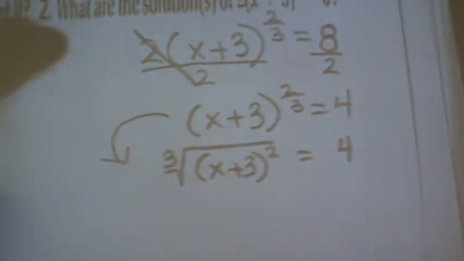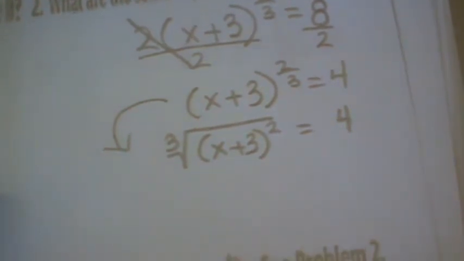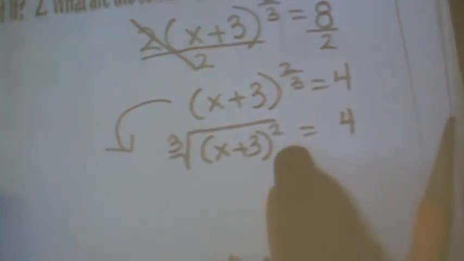Now, could you rewrite this a different way? The cube root of x plus 3, squared, equals 4. That's just rewriting this in a different language. I didn't do any math, I just built on what we learned in the last section, how to rewrite something from a rational exponent to a radical.